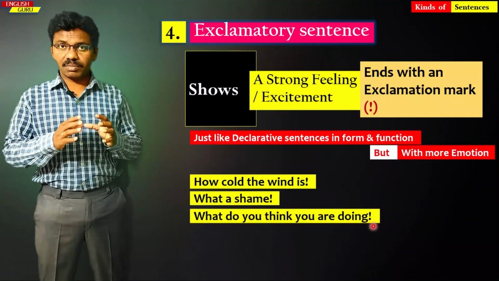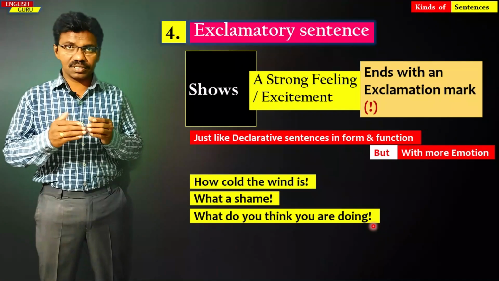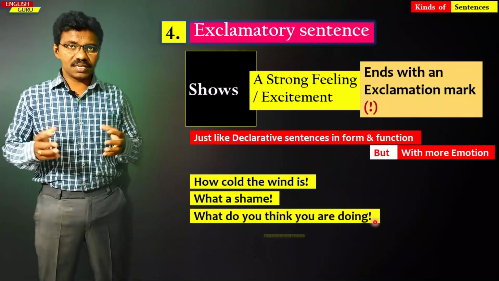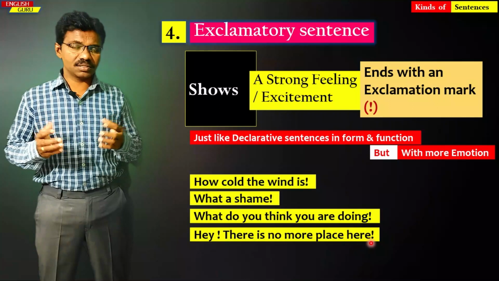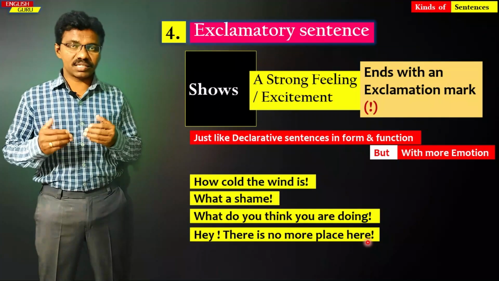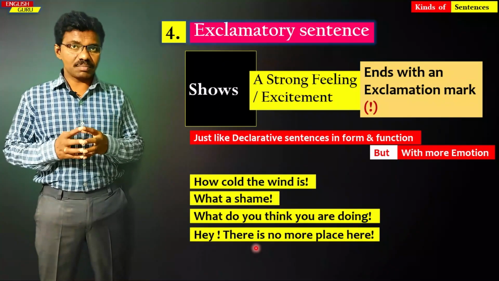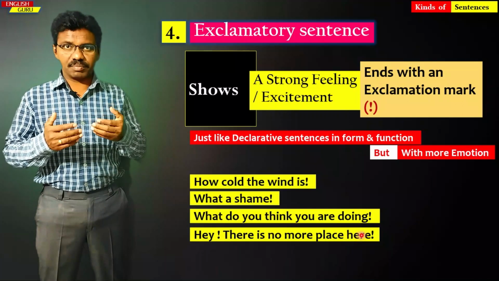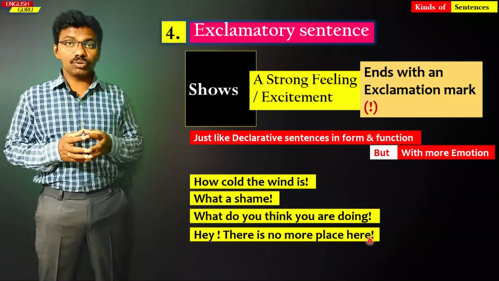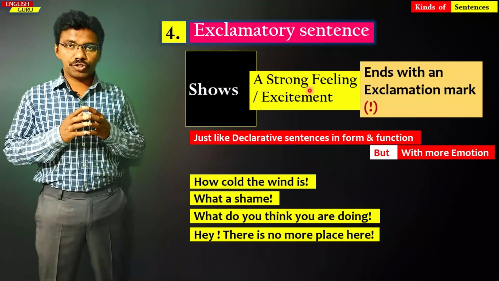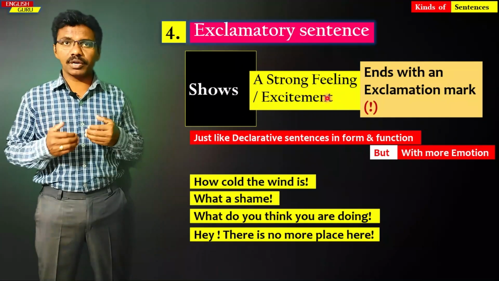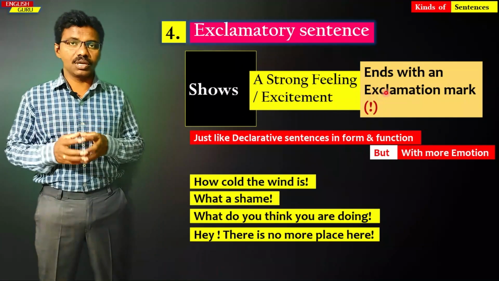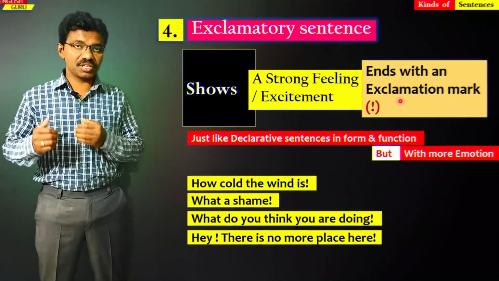You are asking with some kind of extra emotion. That's the reason it's an exclamatory sentence. In the next sentence, hey, there is no more place here. So this is also an exclamatory sentence. You are telling something with more emotion or excitement, with a strong feeling. So exclamatory sentences show a strong feeling or excitement with more emotion, and they end with an exclamation mark.